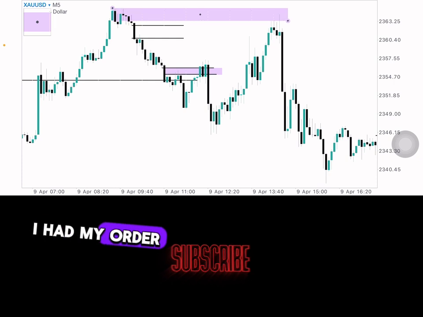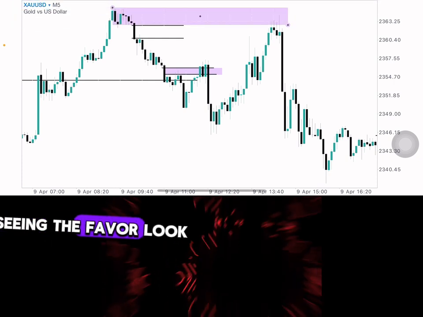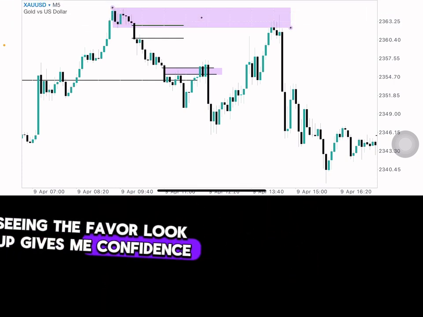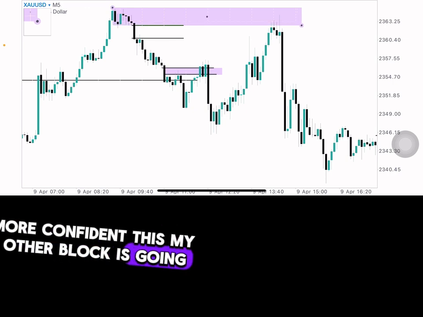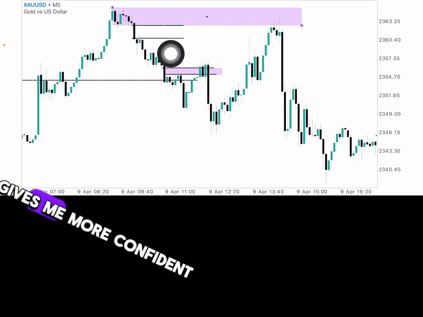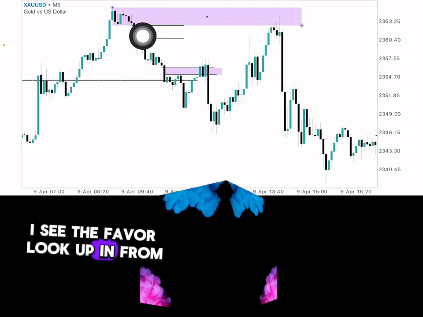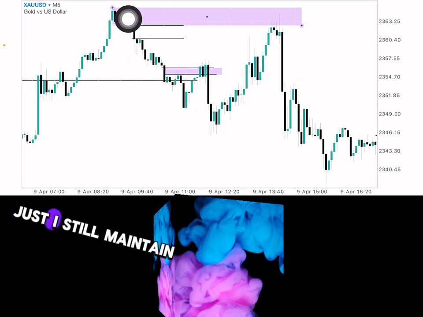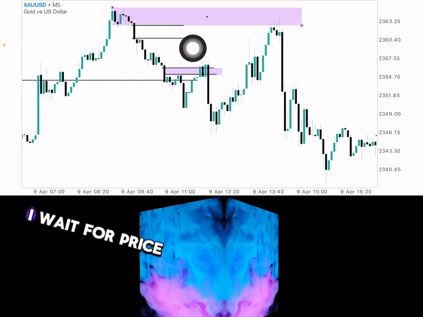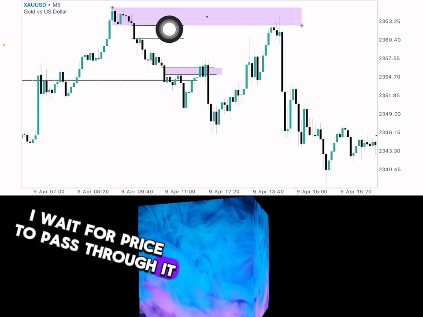This is where I had my order block. So seeing the fair value gap gives me more confidence that my order block is going to hold. I still maintain my order block, and I wait for price to pass through the gap and go to my order block.